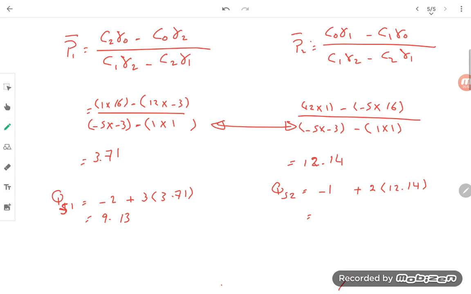So the equilibrium quantity will be, sorry, this price is not 12.14, it is 6.57.